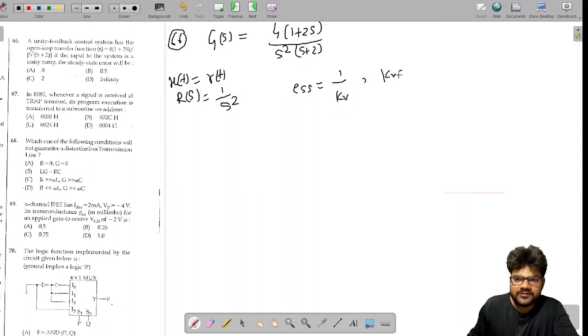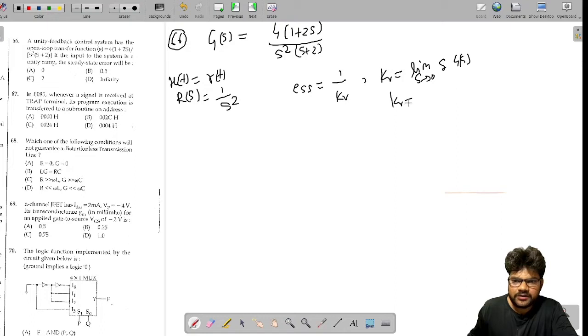And Kv we write as Kv equals limit s tending to 0 of s into G(s).